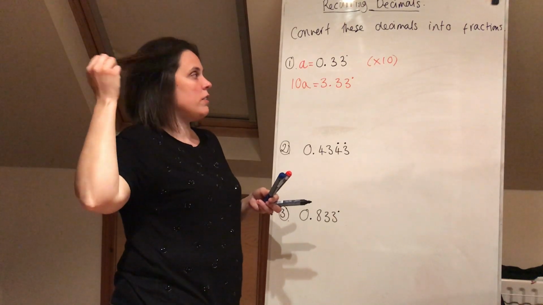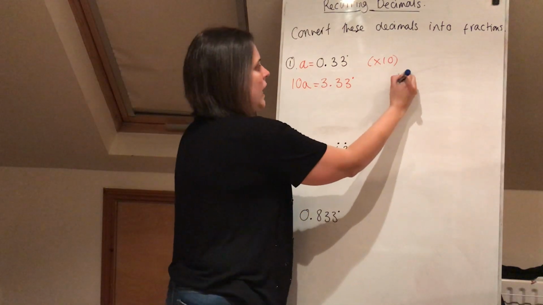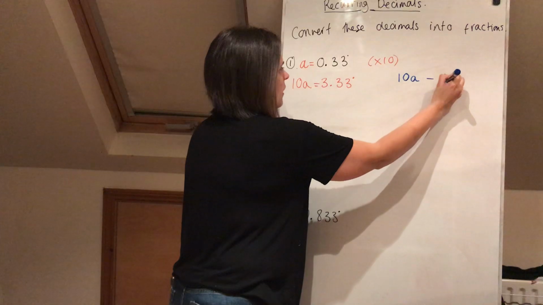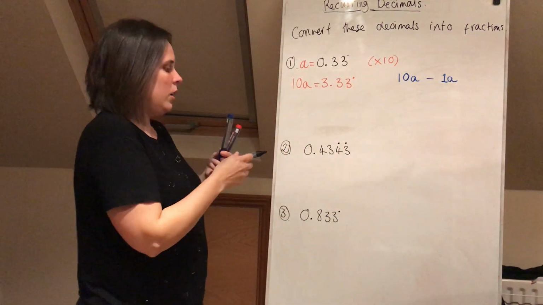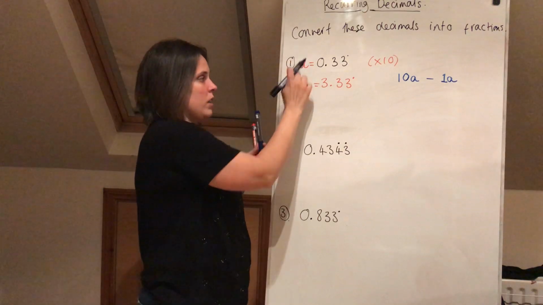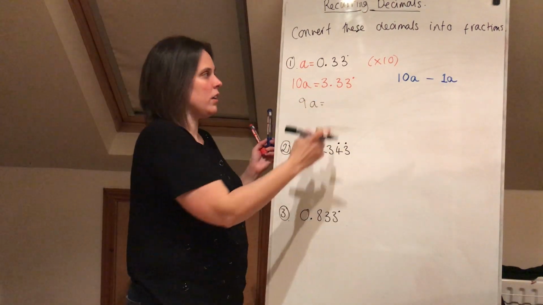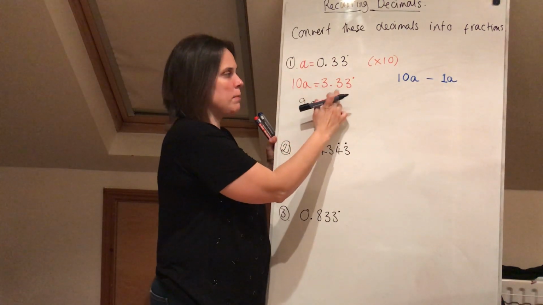So what we can do now is actually do a subtraction. If we do 10A take away 1A, we get 9A. A is 0.3 recurring, 10A is 3.3 recurring.